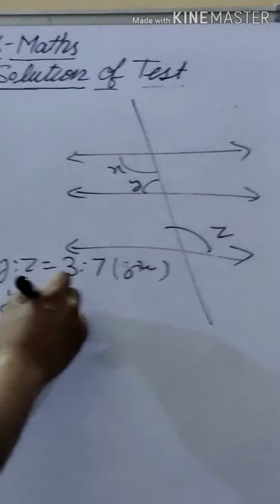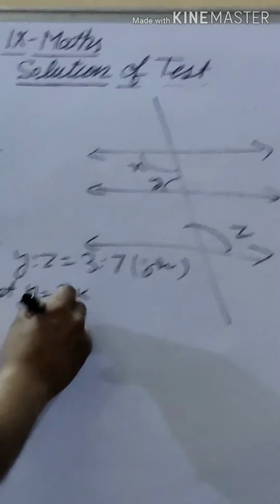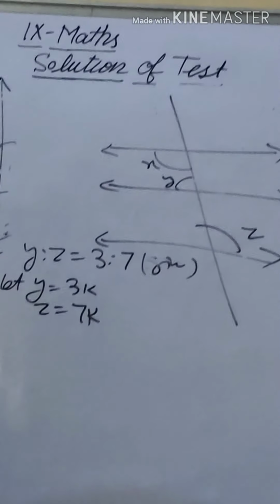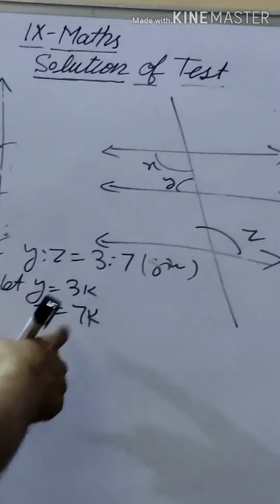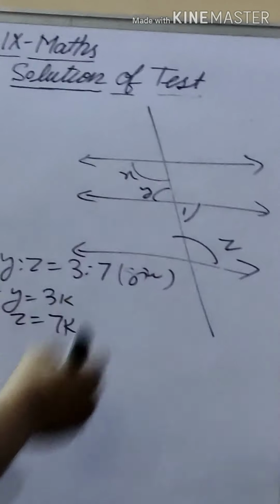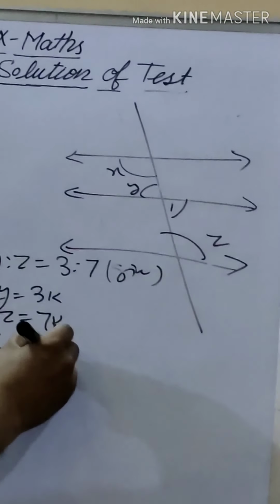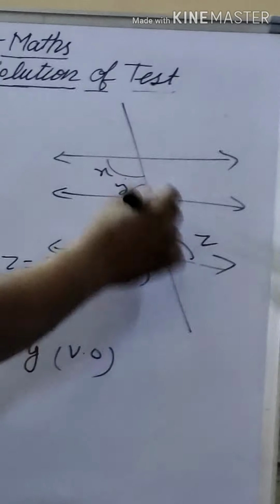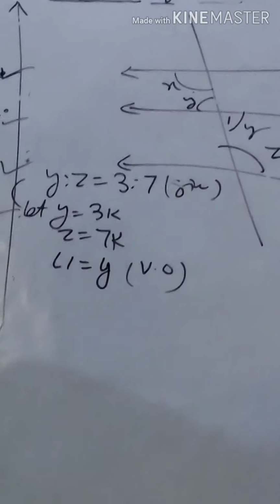First, suppose y is equal to 3k and z is equal to 7k. Now if I take this angle as angle 1, angle 1 is equal to angle y, they are vertically opposite angles. Now apply this y, this also y.